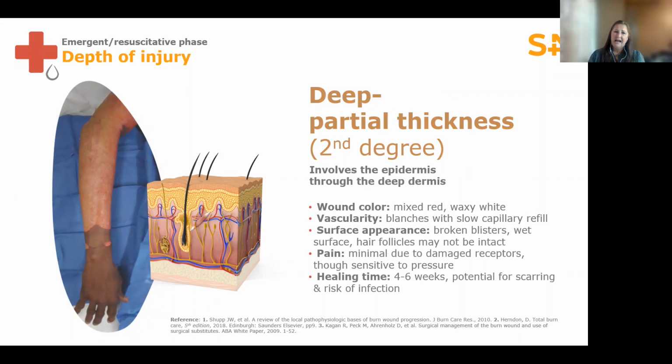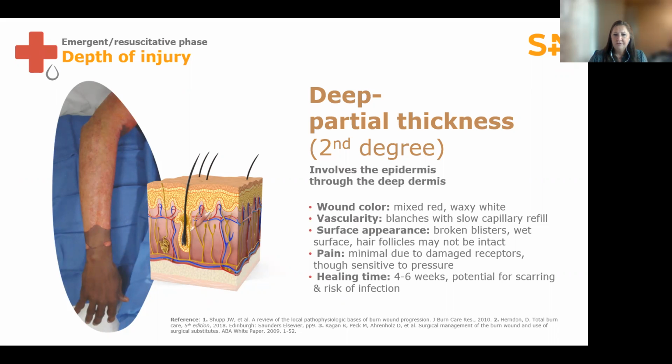The second half, or the second 2/3, I should say, of a second degree burn is deep partial thickness. This involves the epidermis all the way through to deep dermis. This can have different colors. It can be mixed red or waxy white in the areas that have lower perfusion. It is slow to blanch. It has a slow capillary refill. We have assaulted that deeper dermis where the hair follicles are.